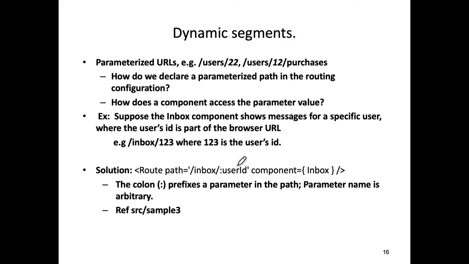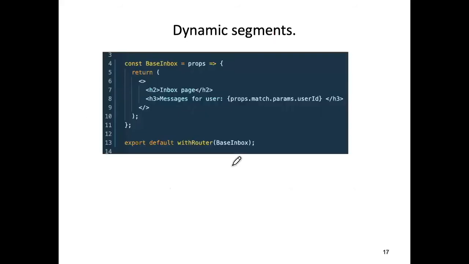And then the next thing is, how does our mounted component access this particular value? There's a couple of steps involved in this. Strictly speaking, it's going to be passed in as a prop. This is a special prop that is created and injected into our component by the React Router library. The prop is called a match prop.